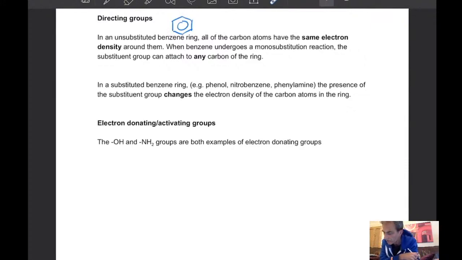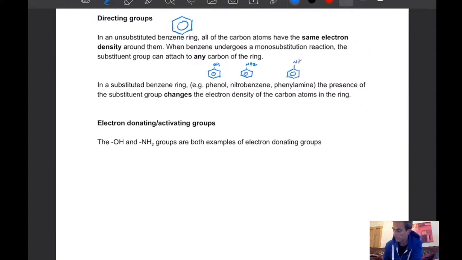In a substituted benzene ring, e.g. phenol, nitrobenzene, or phenylamine, these are the ones that we need to focus on. So I'll remind you what they are. Phenol is that. Nitrobenzene is that. And phenylamine is that.